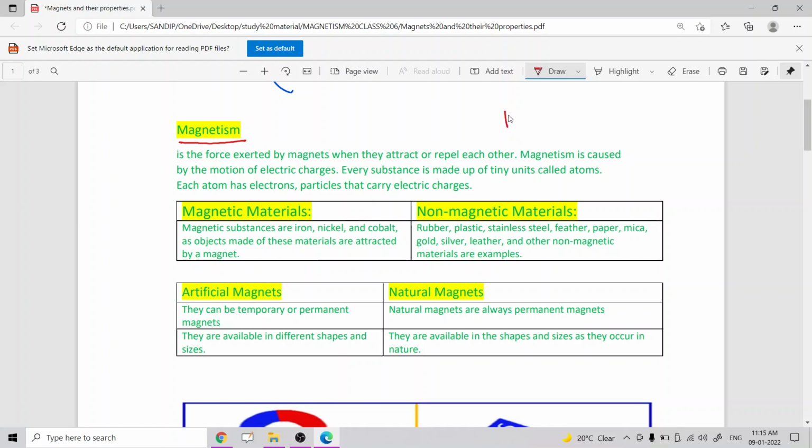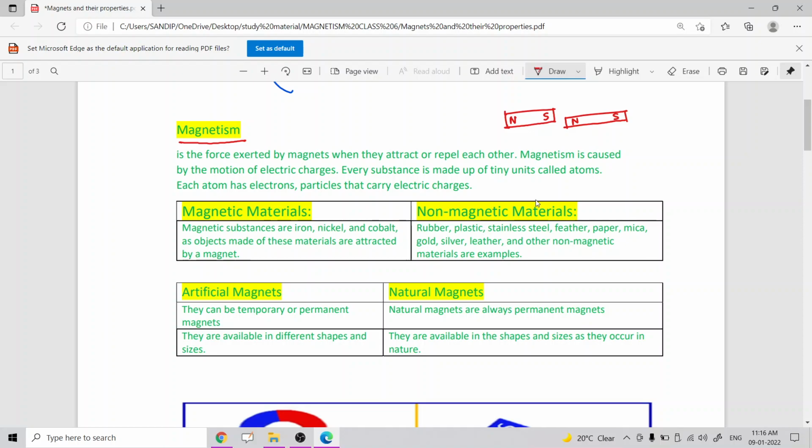That means, suppose we take two magnets, this one has a north pole and this one a south pole, and we take another magnet which also has north and south poles. When they are brought very near to each other, we can feel the force. The force may be attractive or it may be repulsive.